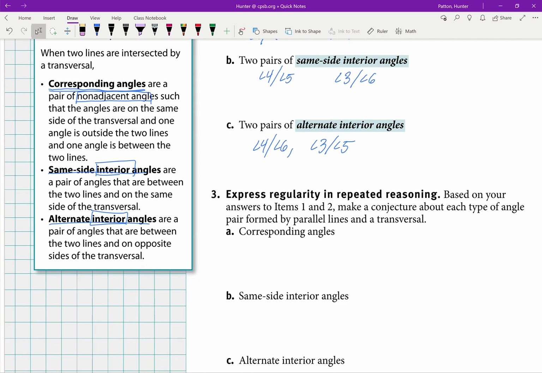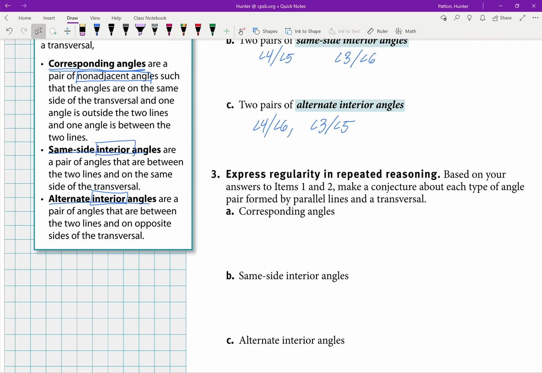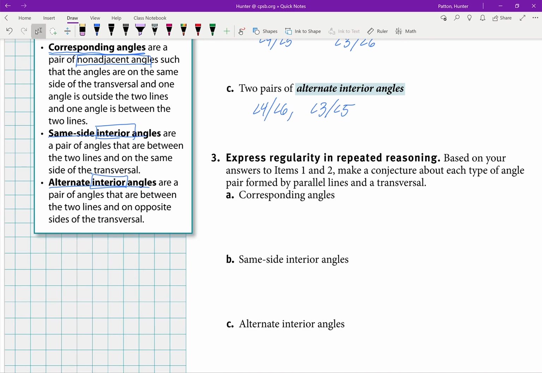Another way to say that is I'm going to guess that corresponding angles are congruent. Okay, that's my guess. Corresponding angles are congruent. And remember, this is only if the two lines are parallel. Only if the two lines are parallel.